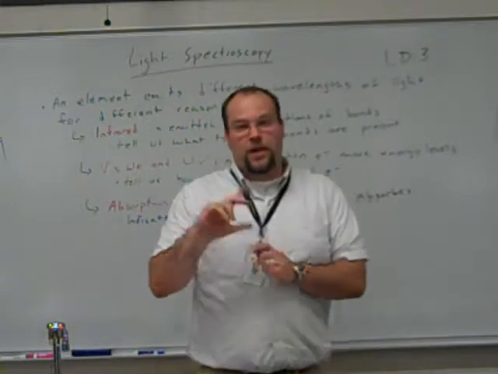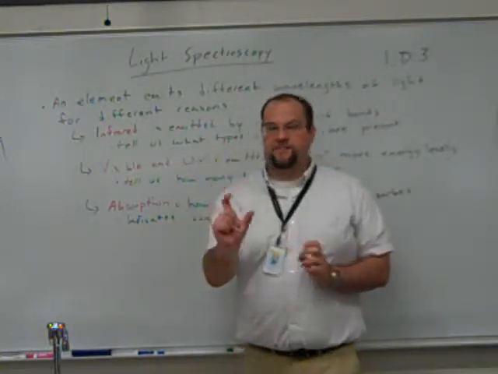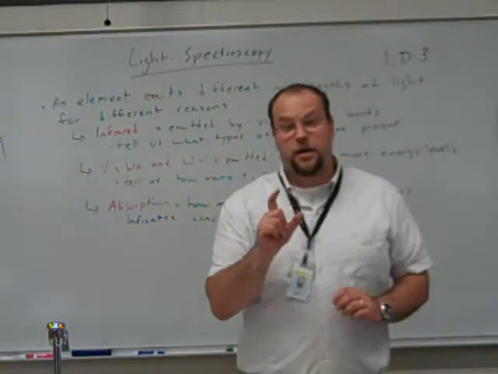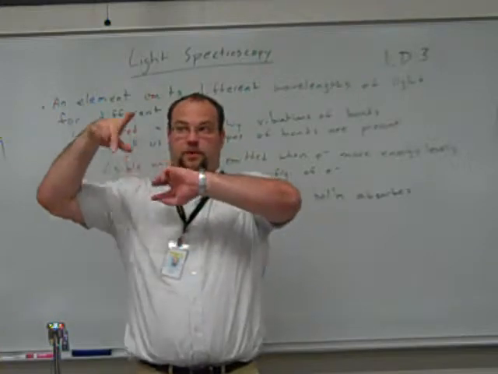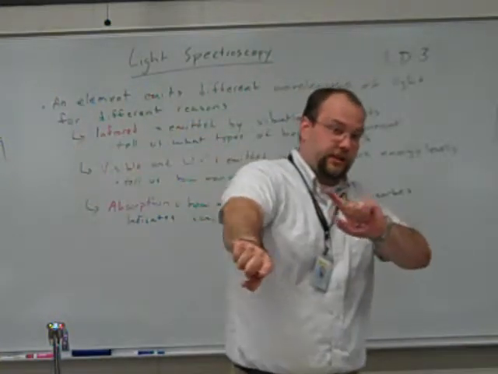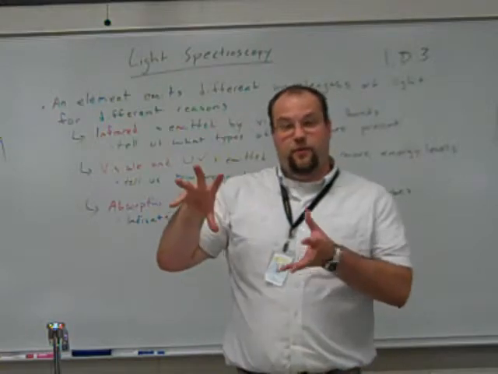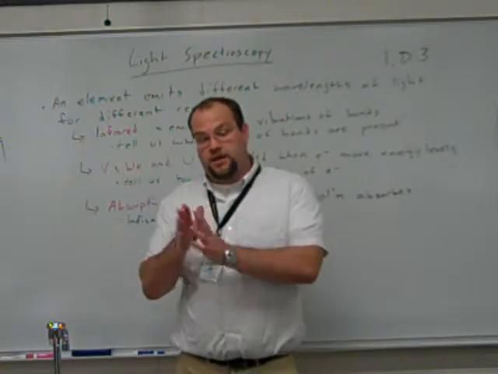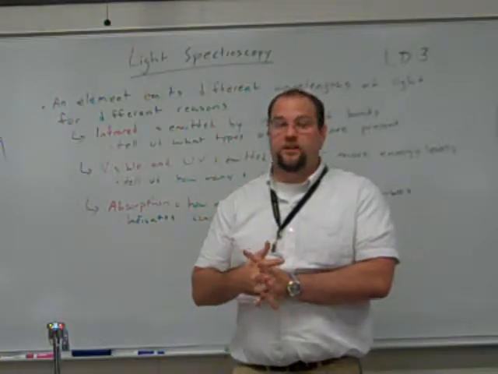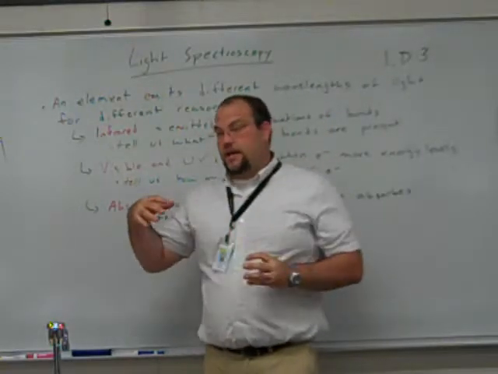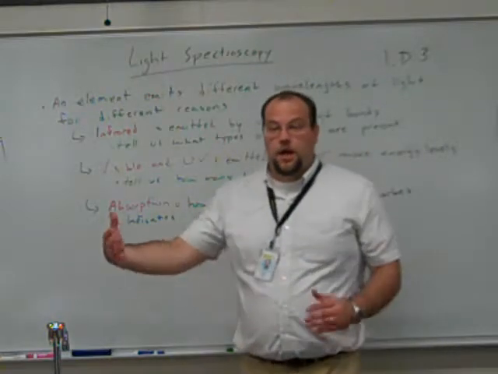One electron going from energy level 2 to 1 will emit a different wavelength, or different color of light, than one going from 3 to 1, or 3 to 2, or two of them going from 6 to 4 and 3 to 1, things like that. By looking at the different wavelengths of the colored light, we can compare it to standards and identify what element is present, and ultimately what electrons are there and the configuration.